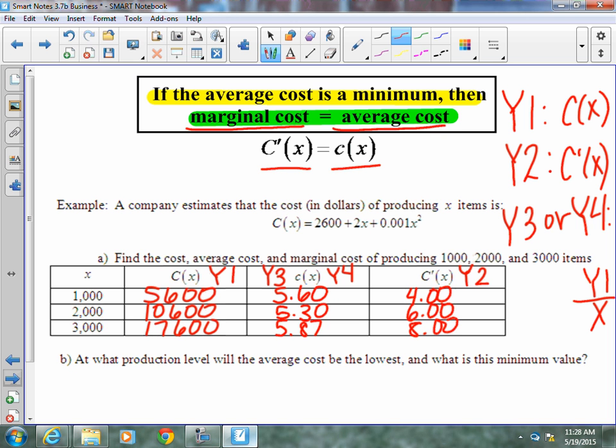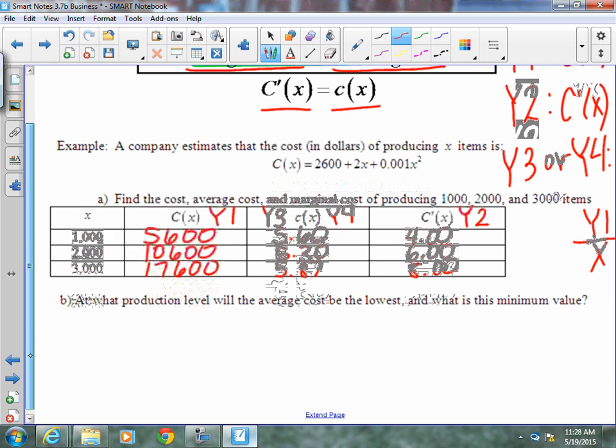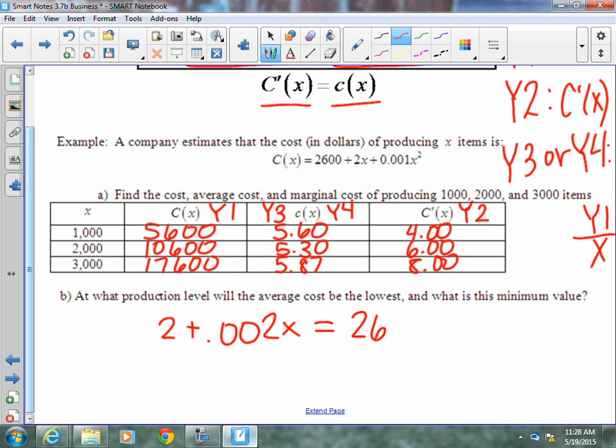So, this says, at what production level will the average cost be the lowest, and what is the minimum cost? Well, to find a minimum average cost, we set the marginal cost, which is 2 plus 0.002x, equal to the average cost, which is C of x divided by x.